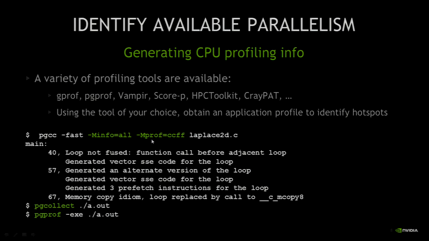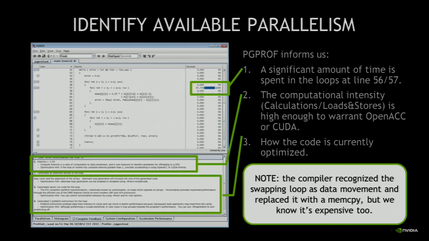And this option simply embeds the profiling information into the executable so that later on we can use it with pgprof. Then there are a couple other steps. So you use pgcollect and then pgprof. And what you'll see in the end, it's probably hard to see, but essentially it will show you some hotspots.